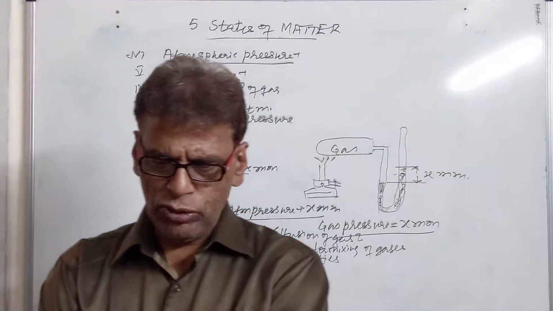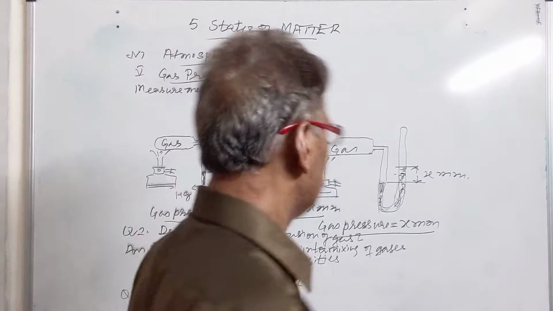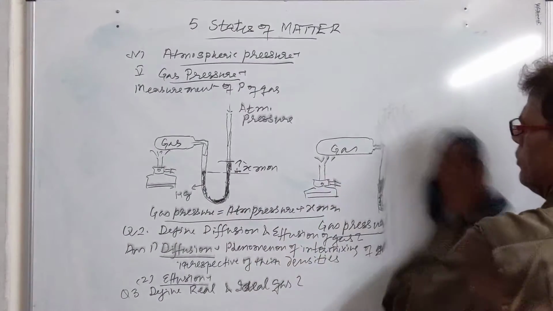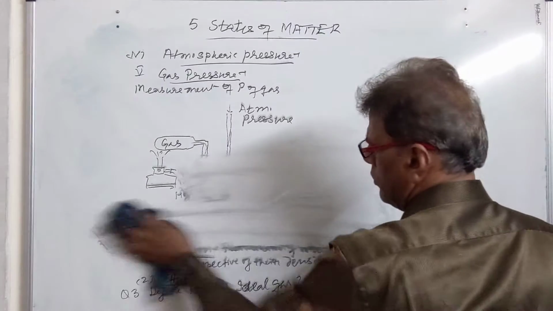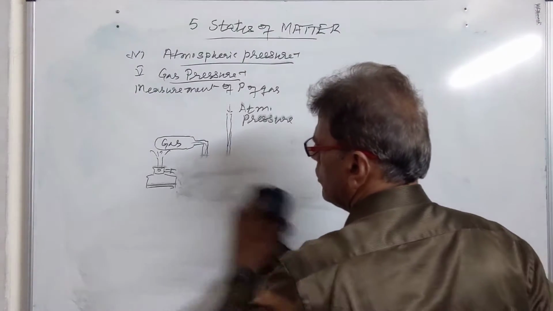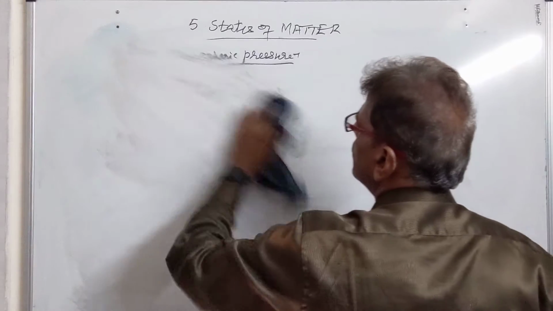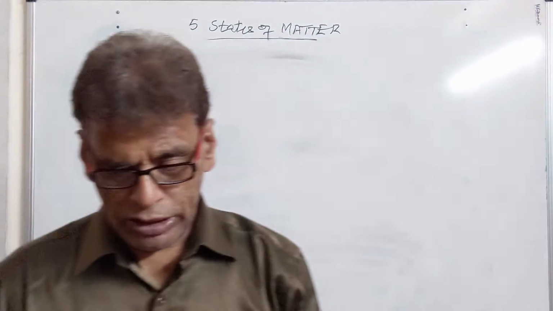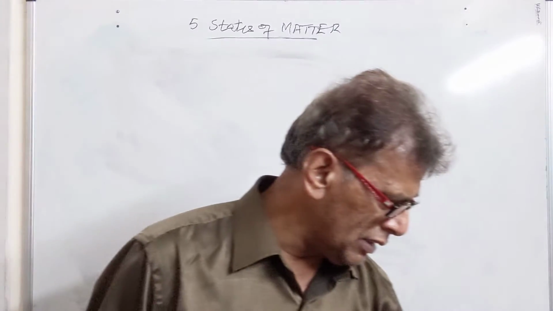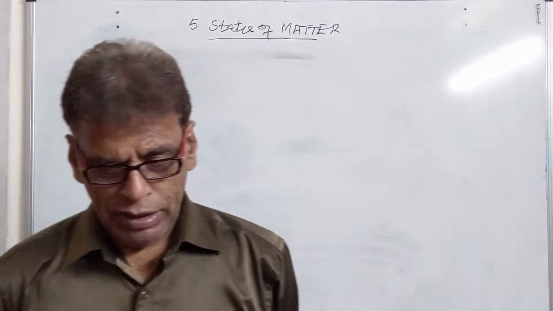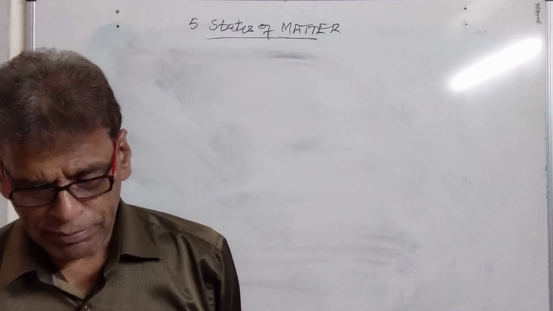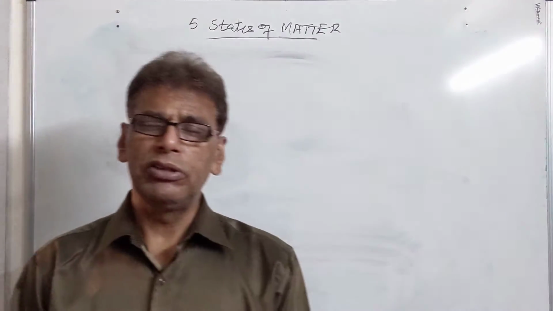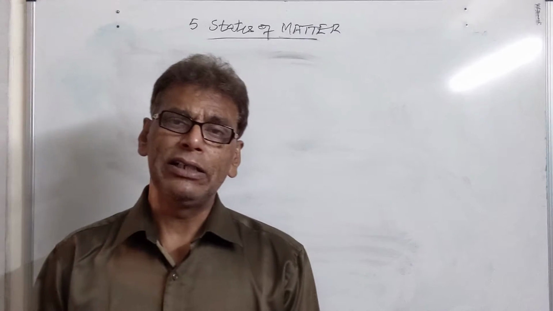Then we have the postulates of kinetic theory of gases. Now we will be discussing the kinetic theory of gases, the postulates of this theory, and because of these postulates we will derive the kinetic gas equation.